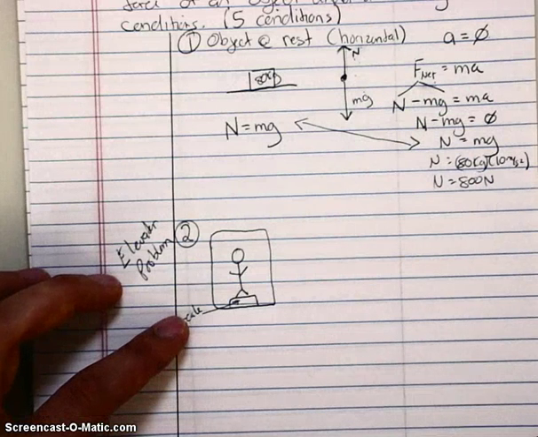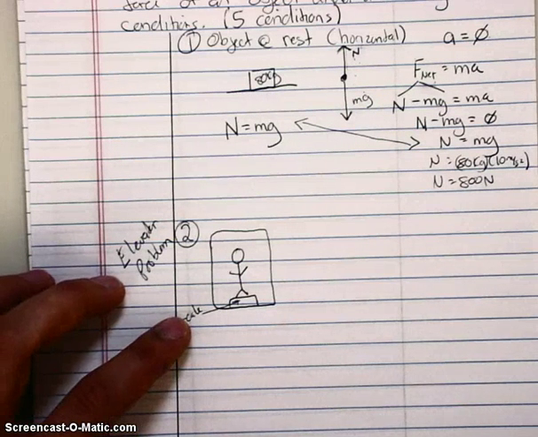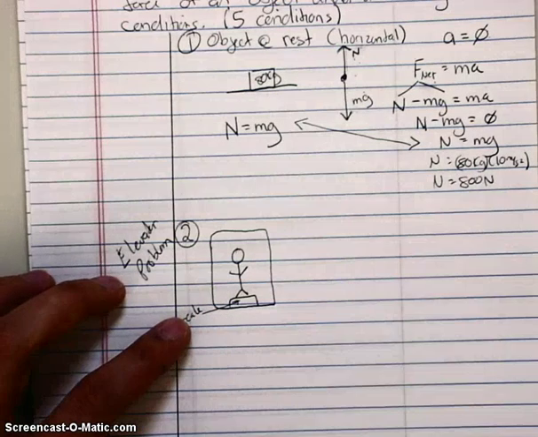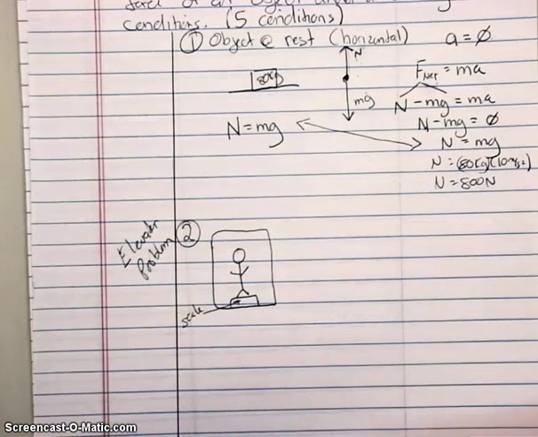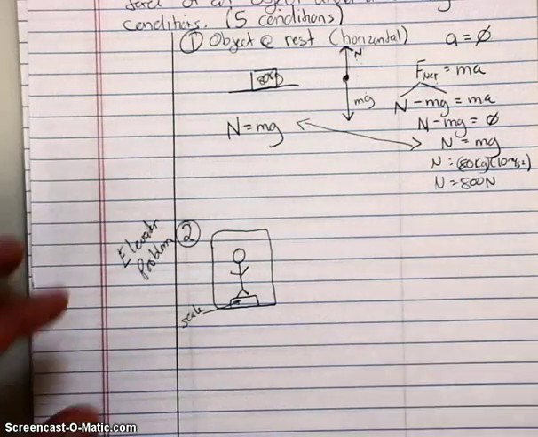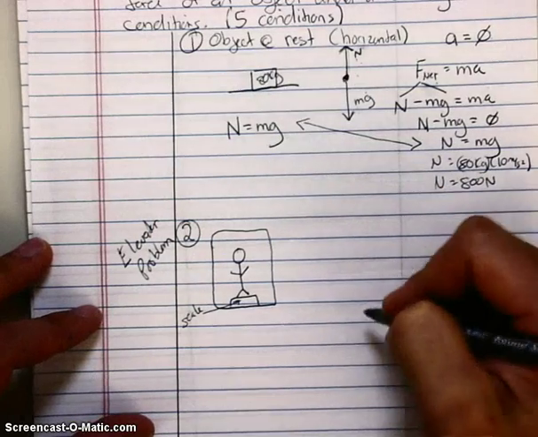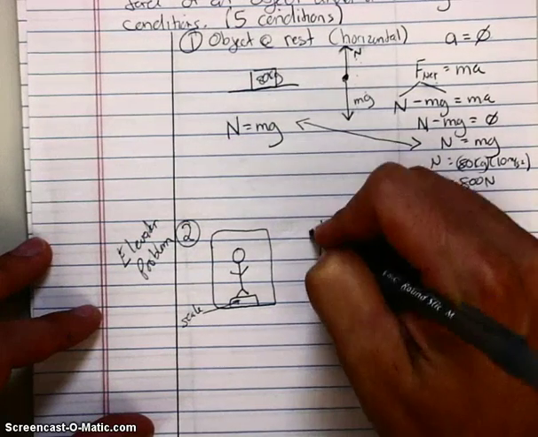When I stand on a scale, I weigh 185 pounds. So the force of gravity is 185 pounds pulling me down, and the scale is pushing back up with 185 pounds, and then the dial reads 185. So that's what a scale really is, a measure of normal force. So let's say this person's on a scale, and they're going on a typical journey from the bottom floor to the top floor.